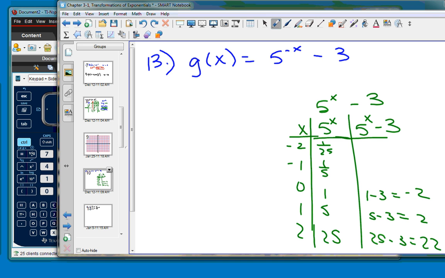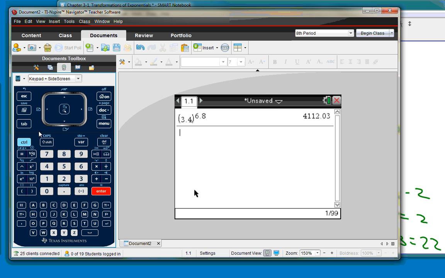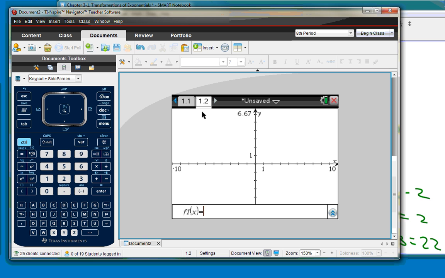Now what's happening to this 5 to the negative x? Well, if I have 5 to the negative x, it's reflected over what? It would be reflected over the y-axis, right? Which means, if I'm at -2, what's this going to be? Just to make sure everybody sees this, I'm going to show you graphically.